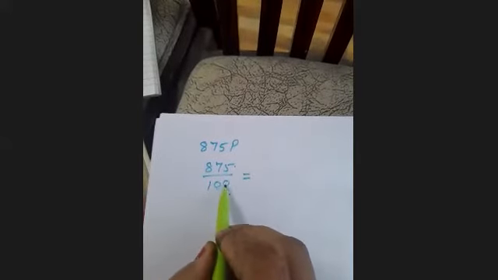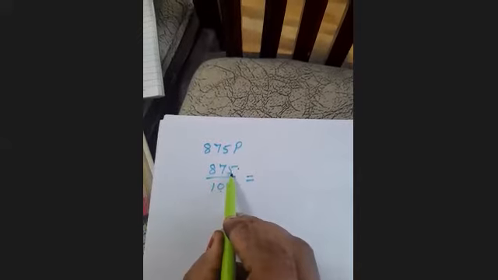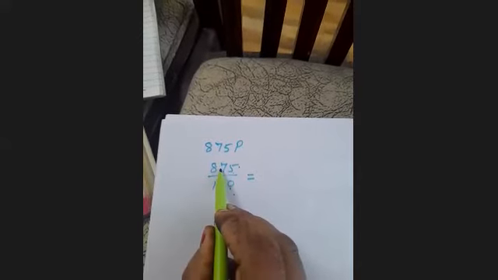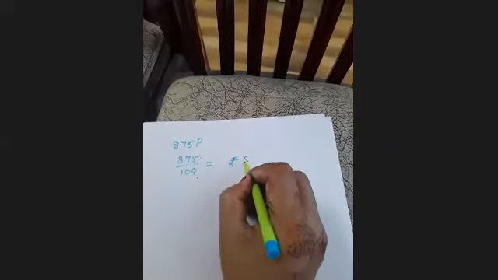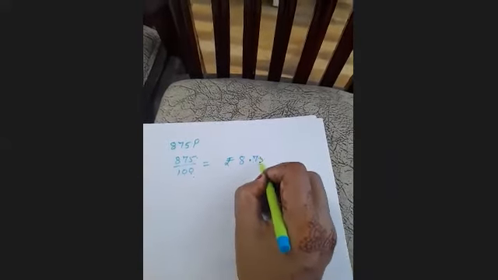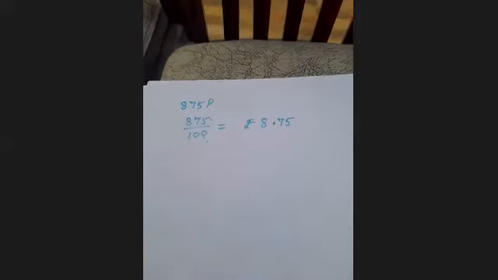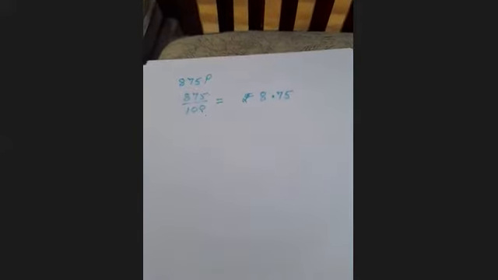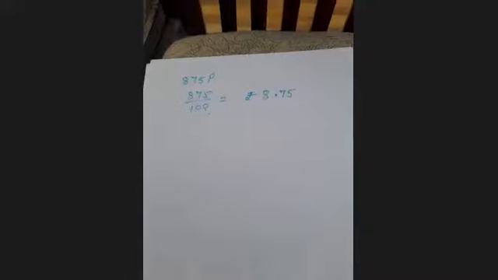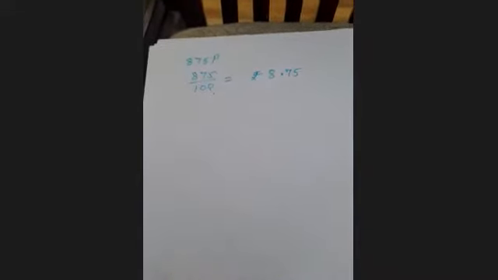So put the decimal after two digits from the right-hand side. 1, 2. Then put the point here. So our answer is rupees 8 and 75 paise. Clear, students? So this is exercise 66.